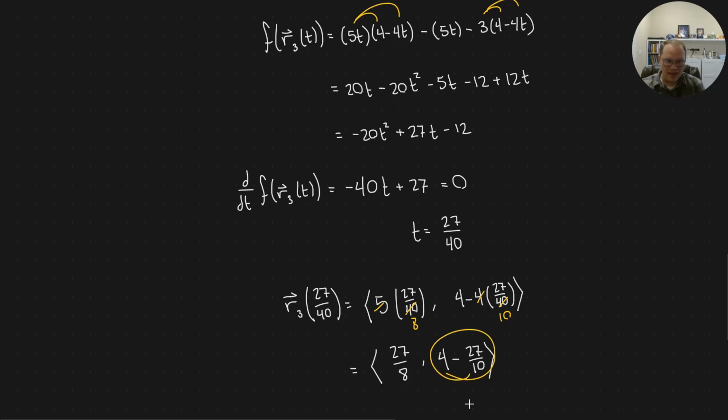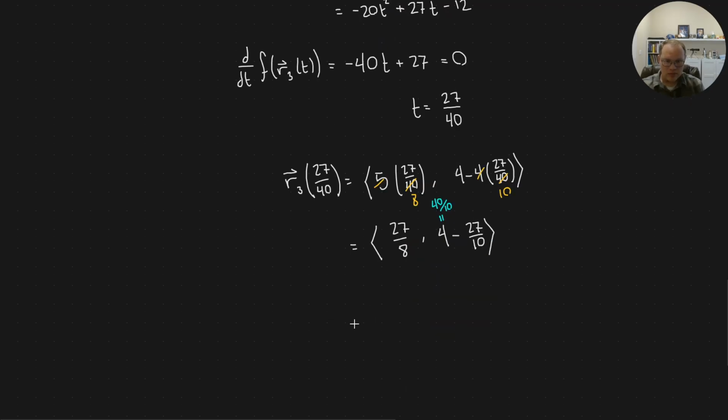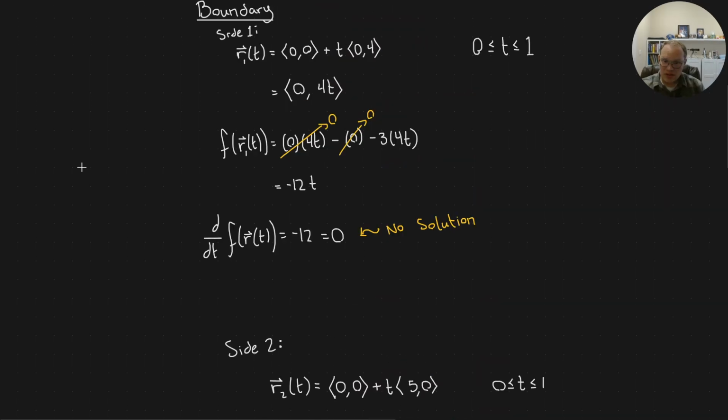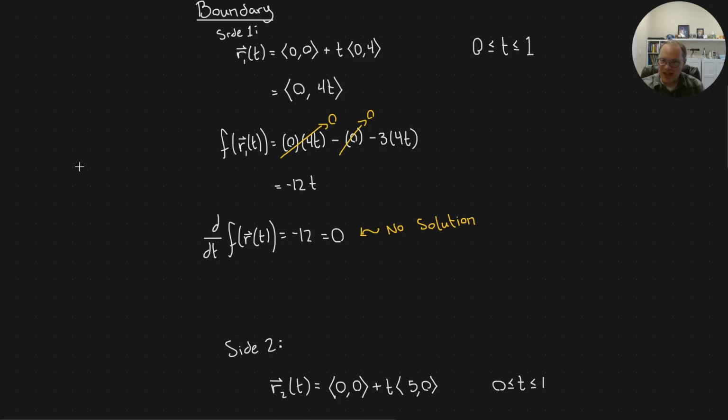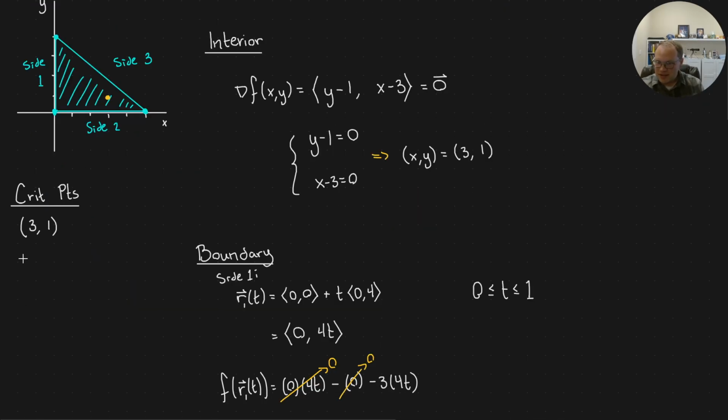And then finally, I want to subtract these by getting a common denominator. 4 is the same as 40 over 10. So that will give me a common denominator of 10. So I can subtract those. And I get 27/8, comma, 40/10 minus 27/10, that's 13/10. So that's another critical point. Wait, what was it again? 27/8, 13/10. So we've checked all three sides.